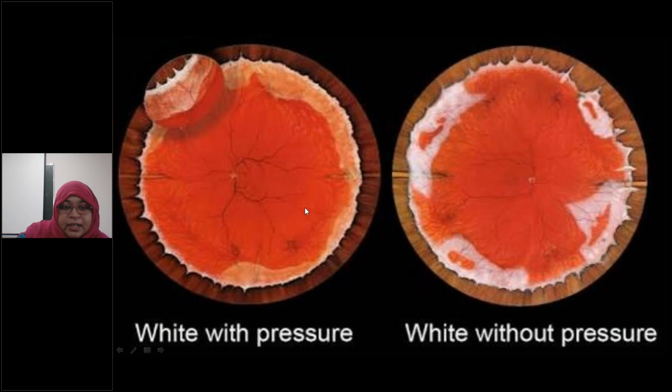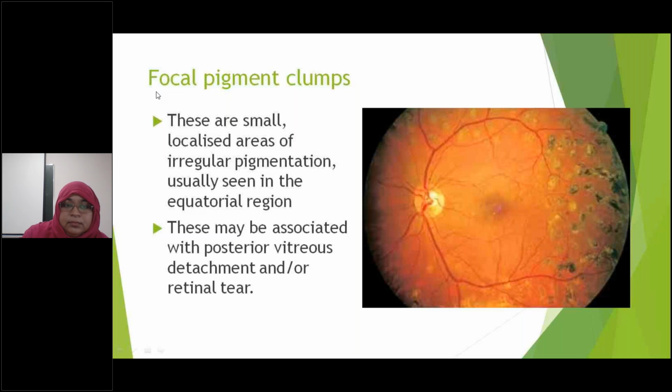This is the posterior pole, right? But this is the periphery, this is ora serrata. So these are mostly seen in the periphery of the retina. Then focal pigment clumps. These are small localized areas of irregular pigmentation usually seen in the equatorial region.